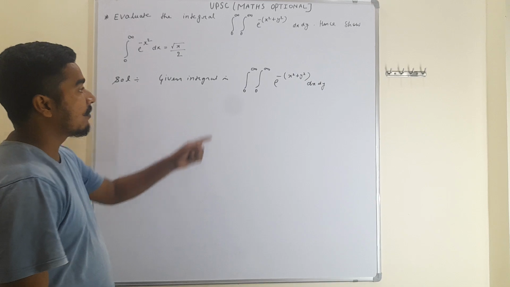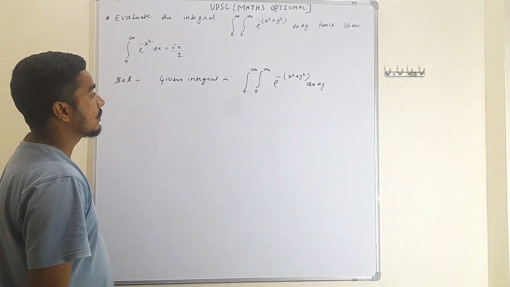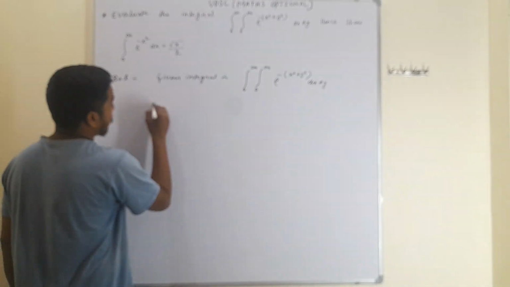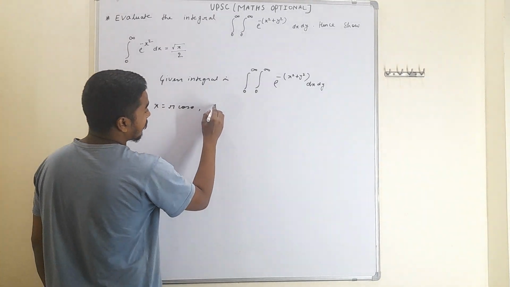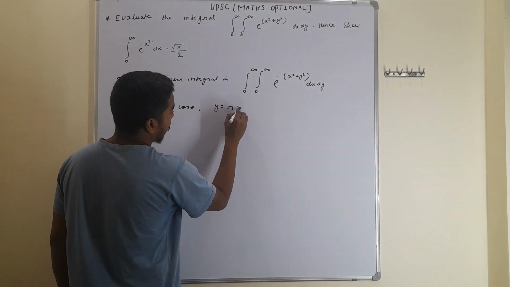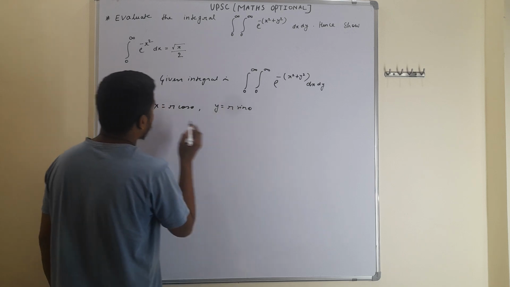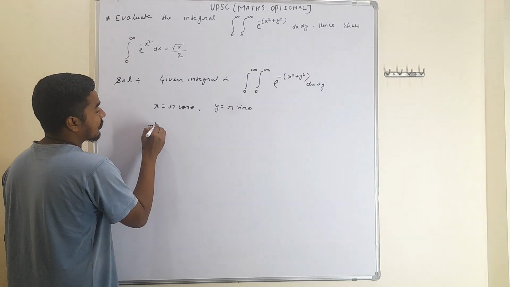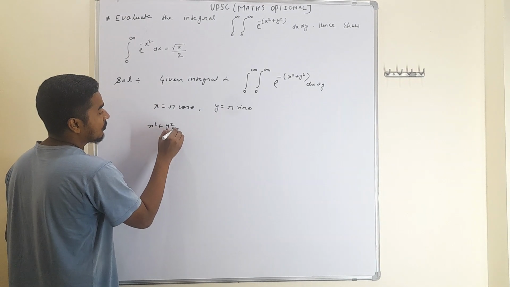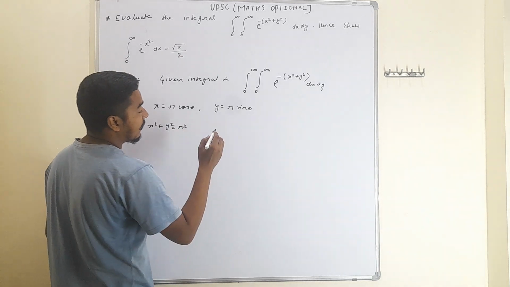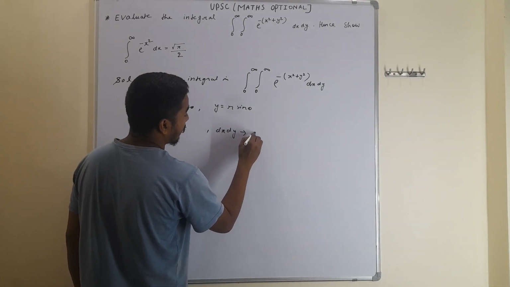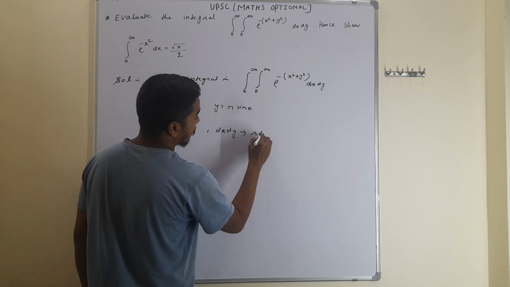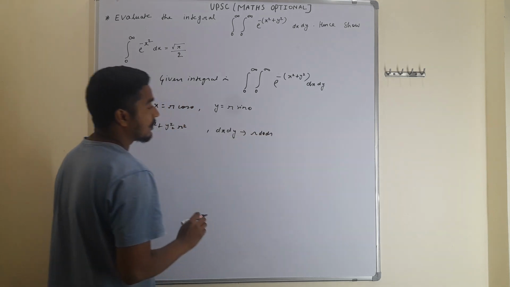First convert the given integral into polar coordinates, that is x is equal to r cos theta and y is equal to r sin theta, so x square plus y square is equal to r square, and dx dy is replaced by r d theta dr.